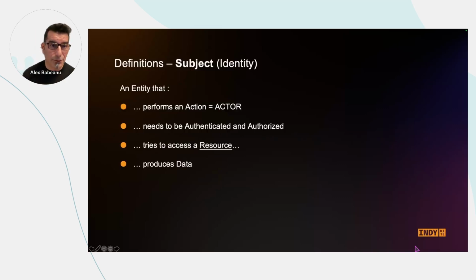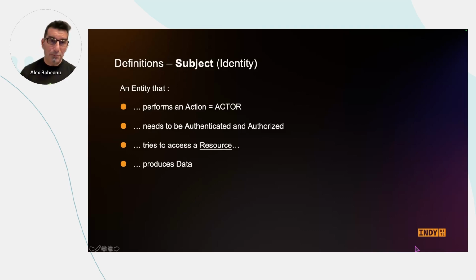Some definitions first. In authorization, we talk about subjects or identities. So a subject is an entity that performs an action. It's an actor. It's essentially something that tries to connect to your API or your web app. And this actor needs to be authenticated and authorized.